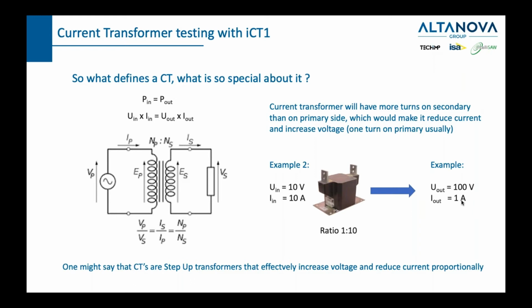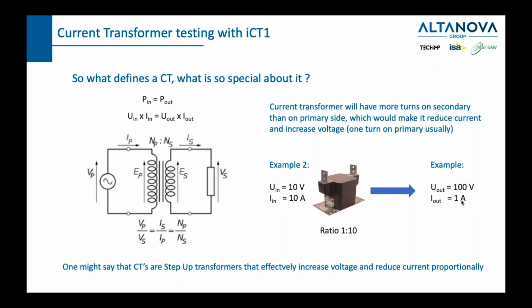Herein lies also one tip and trick which I will share with you. Whenever you use a current transformer, if the primary side is connected, the secondary side should be short-circuited. That's a very important thing to know. If the secondary side is not short-circuited and the primary side is connected and there is current flowing, a high voltage on the secondary side might damage the insulation of your current transformer.